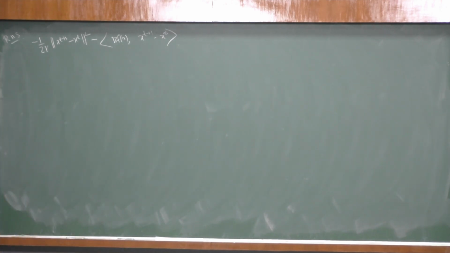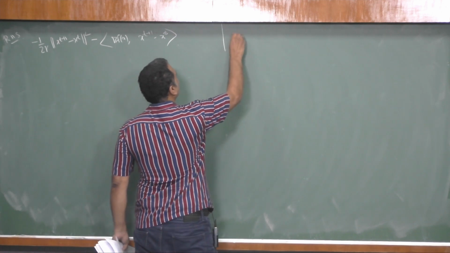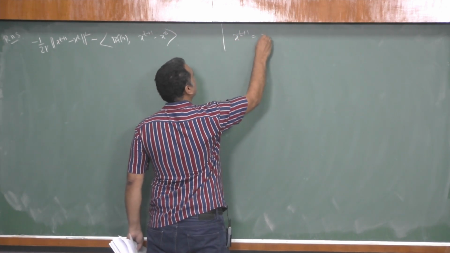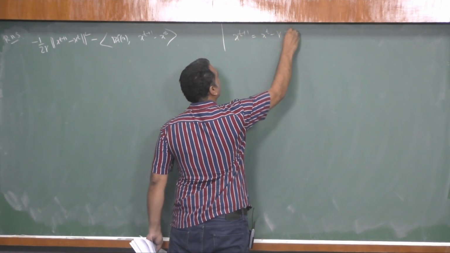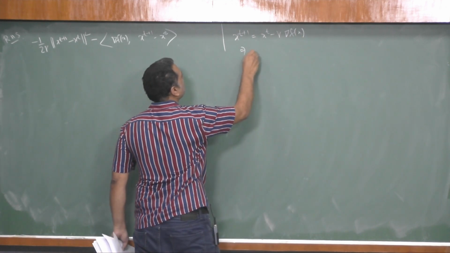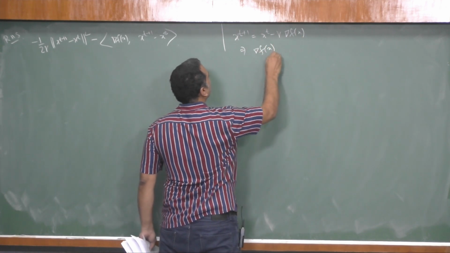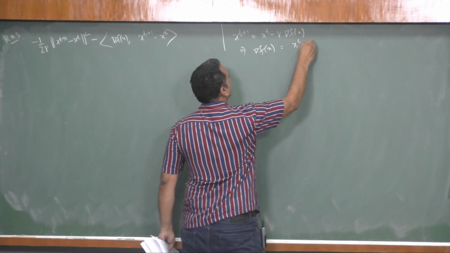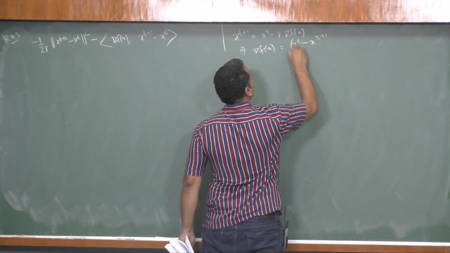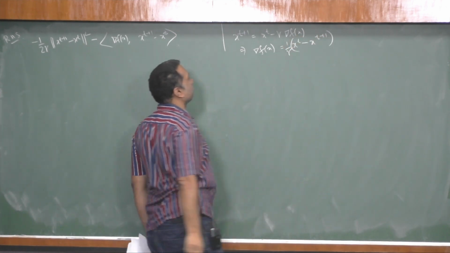Okay, what is grad f(x)? It's gradient descent, so xt plus 1 is xt minus gamma grad f(x). So this implies grad f(x) is (xt minus xt plus 1) over gamma.